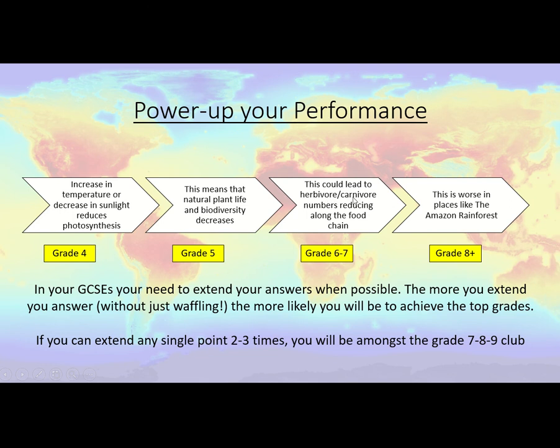And that means that the carnivores that predate on those herbivores could also reduce their numbers, so it can affect the food chain as a whole. So increase in temperature and less sunlight, less plant biodiversity, knock-on effect on the food chain. And this shows that you are understanding that kind of chain of consequences.